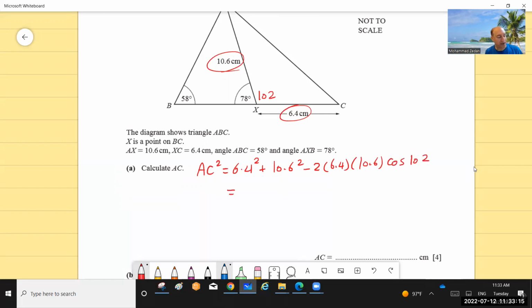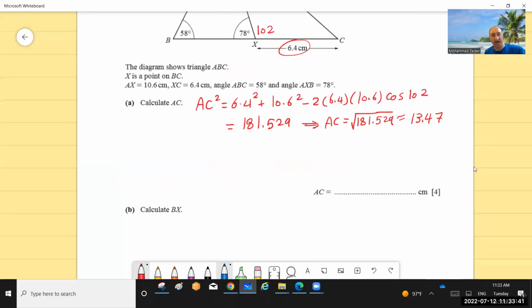The answer here is 181.529, and simply the AC itself is the square root of this amount. 181.529 gives you about 13.47. Okay, this is the AC.